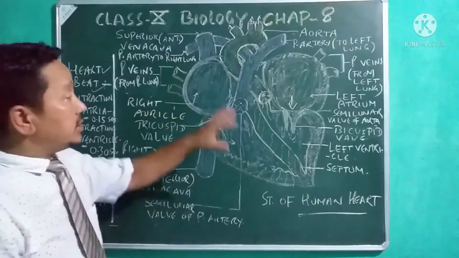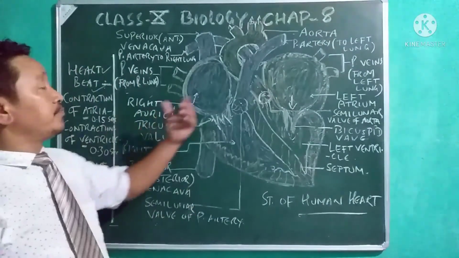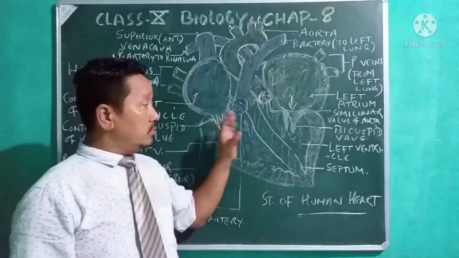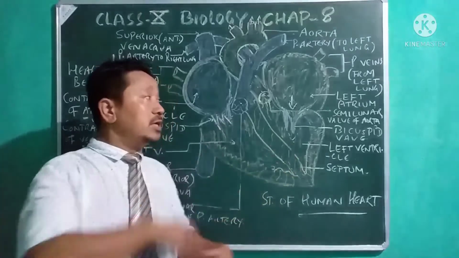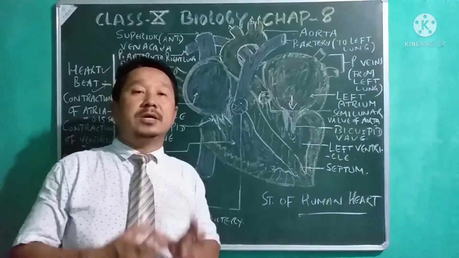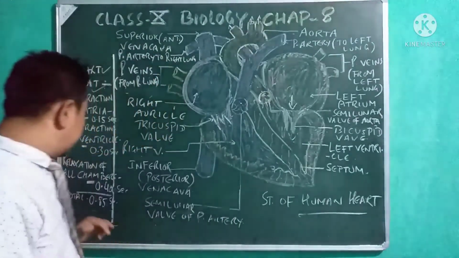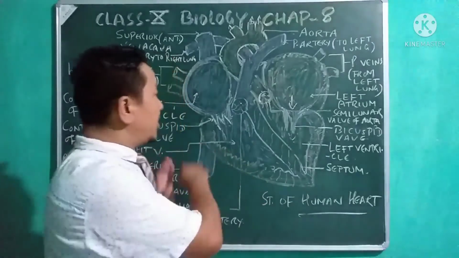So this is how the heartbeat takes place: contraction of first the atria, then followed by the contraction of the ventricles, and also the relaxation of them causes a kind of beat which is called heartbeat, and it takes 0.85 second.